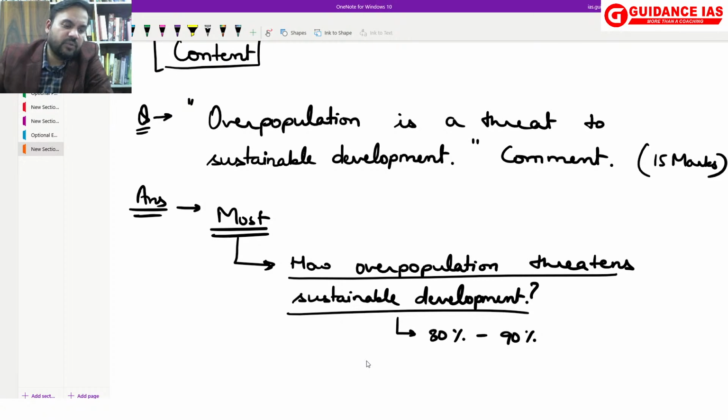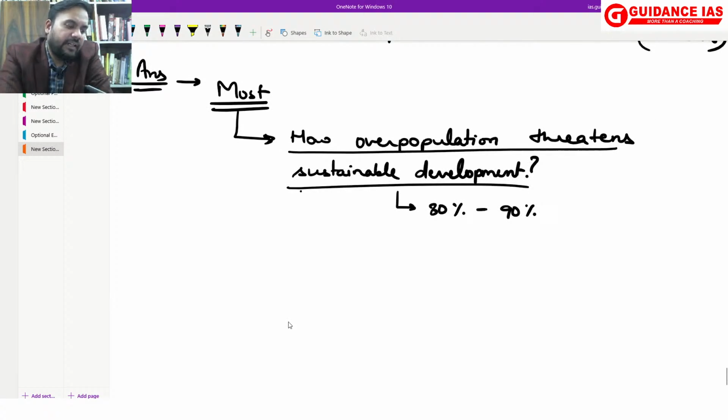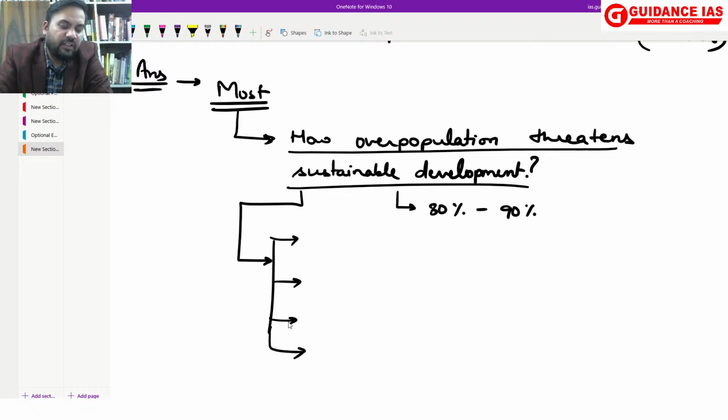If I am writing this, I will take the various parameters or aspects of sustainable development, whether it is equity or intergenerational equity or participation, etc. Many elements can be taken, and ultimately I will try to link it with proof of how overpopulation is threatening the achievement of each of these.